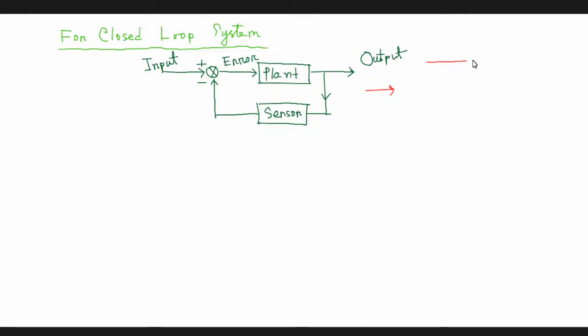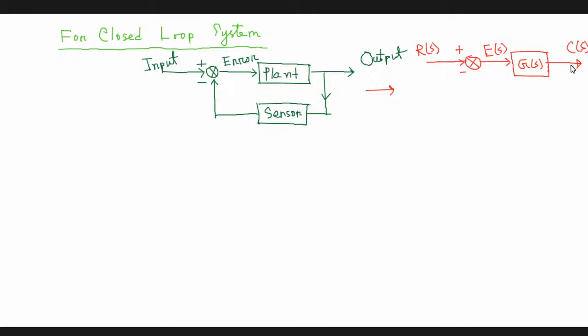We have input here, and this is the summing junction, and input is represented by R(s). You already saw that for the open system. Then we have the error signal represented by E(s). Then we have the plant or system, that is represented by G(s). Then we have output. Output is represented by C(s).